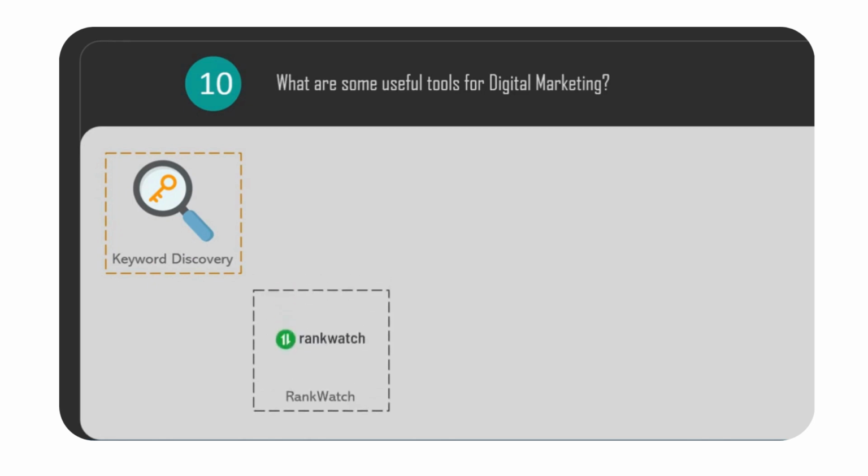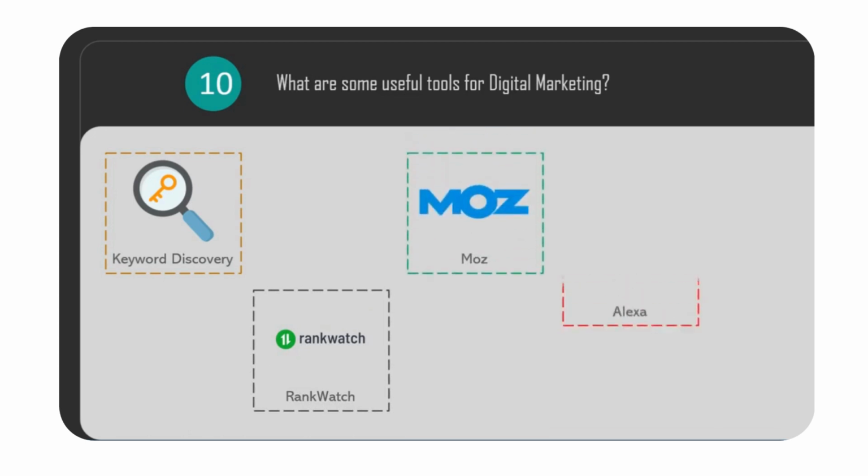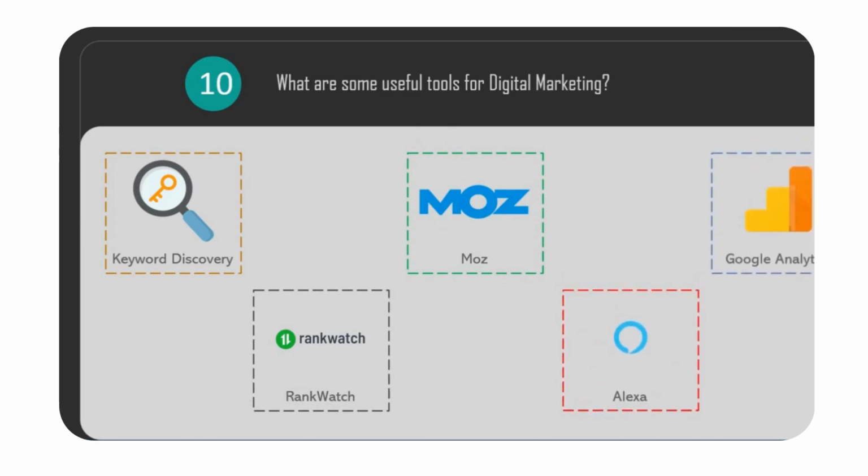We have Rank Watch, which helps in ranking. Moz, which is also another platform that helps in analyzing SEO. Alexa ranking, Google Analytics, heat maps, SEMrush, Ahrefs, AdEspresso, Unbounce, and so on. So these are some interesting tools that help in analyzing your content and help you in promoting a product.